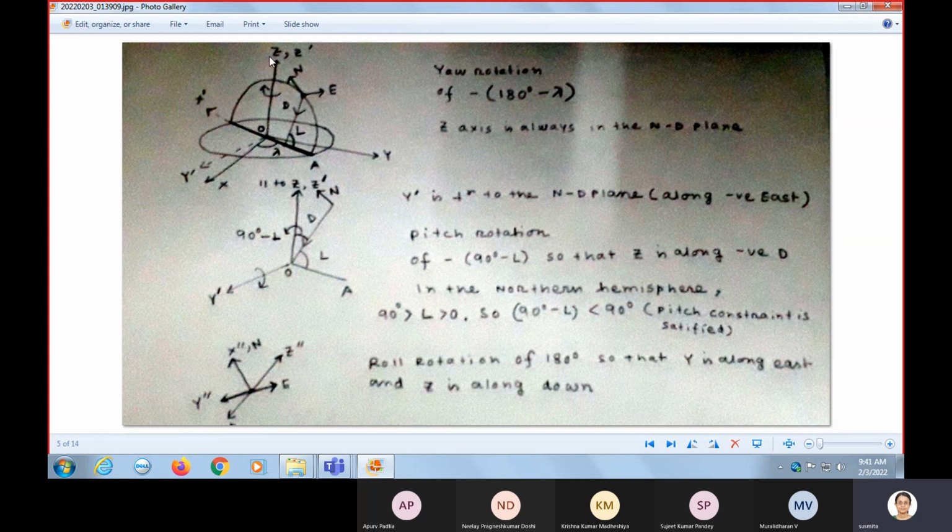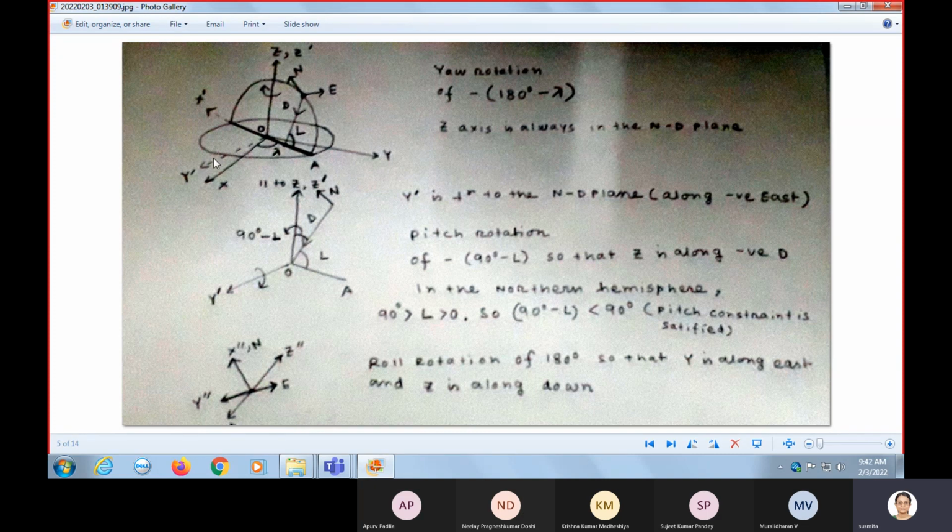So both X prime and Z prime are in the north down plane. And Y prime must be perpendicular to the north down plane, which means Y prime after this rotation is along negative east. So this is the direction of east, and Y prime is perpendicular to the north down plane after the rotation. So it is along negative east or west.